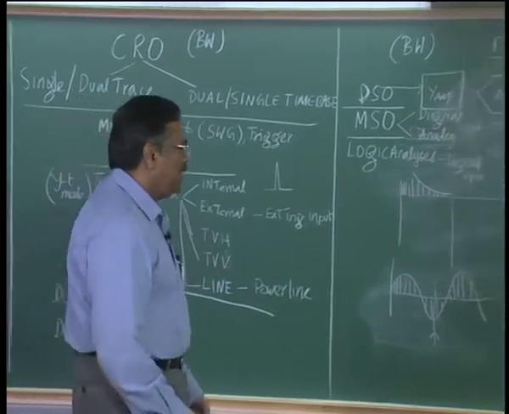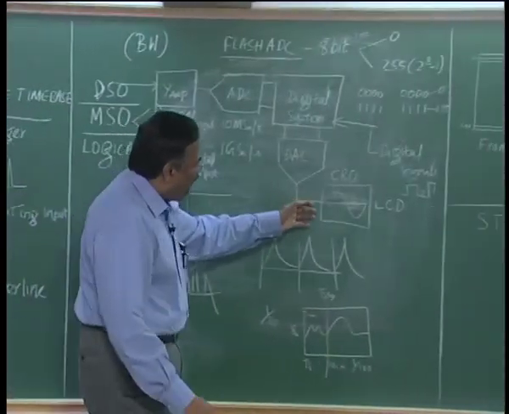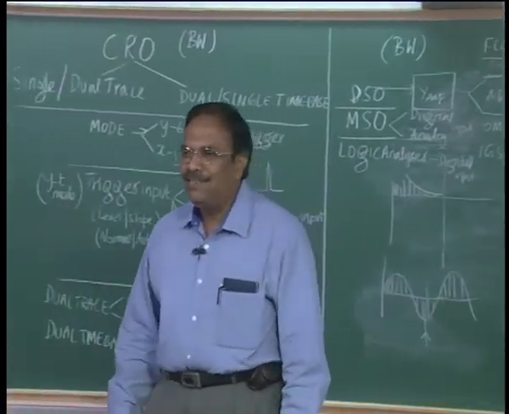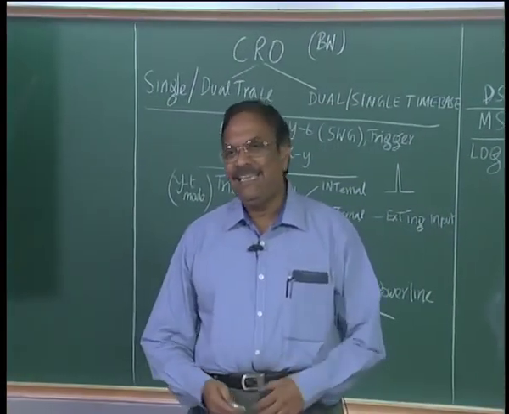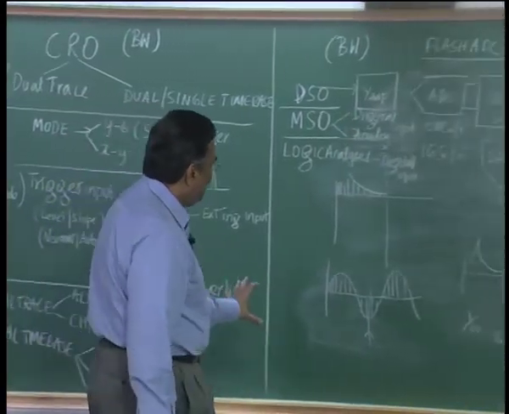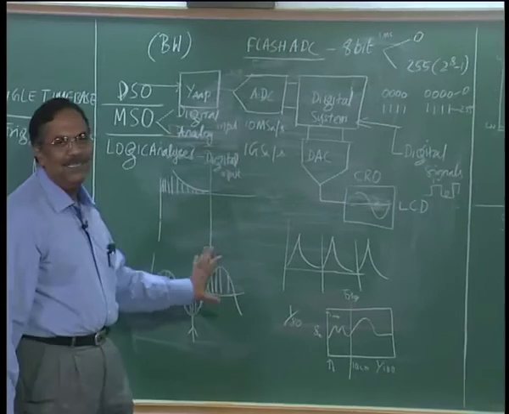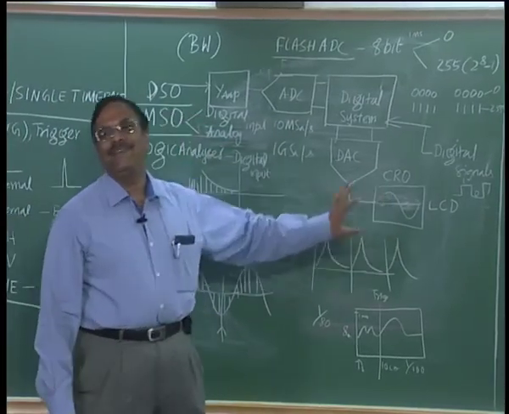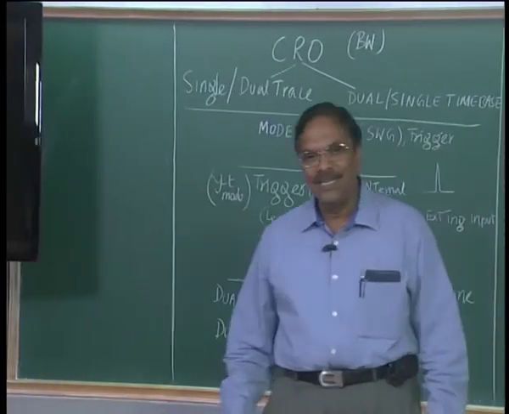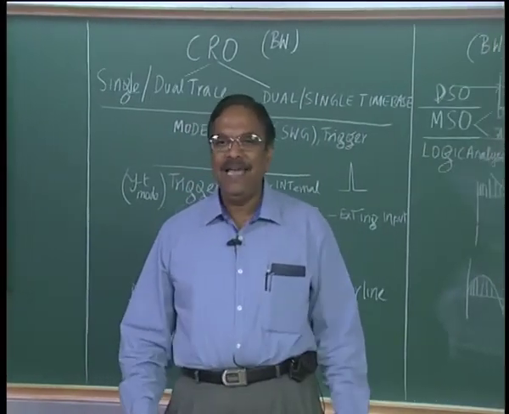A typical computer display would have 80 frames per second, which means you can display only 80 times a second, right. So 100 nanoseconds of signal will take tens of milliseconds to display, but most recent storage oscilloscopes have a slightly better display update rate.